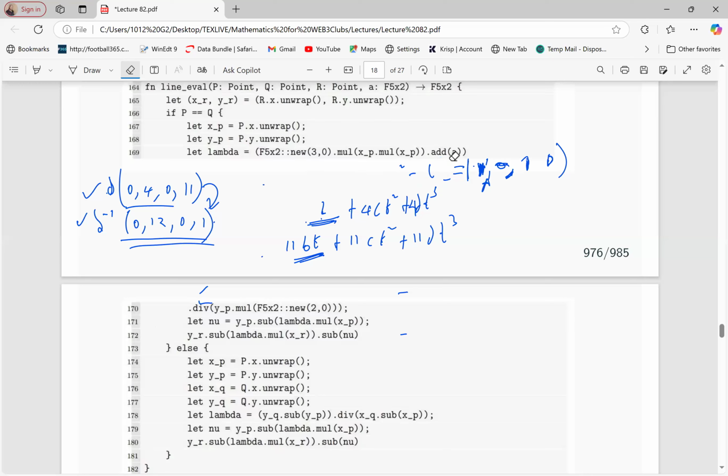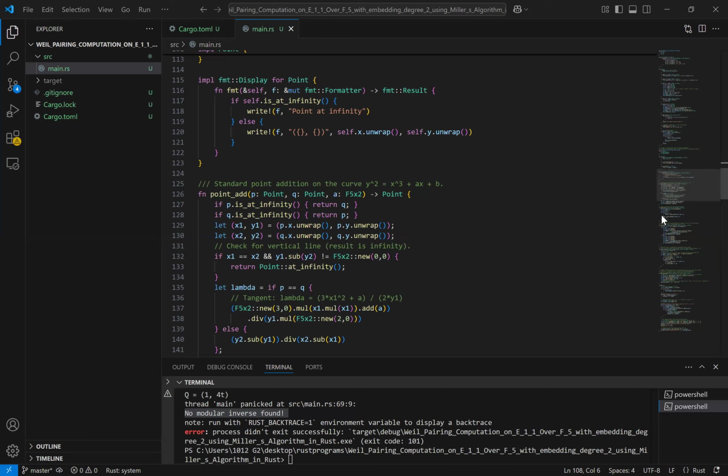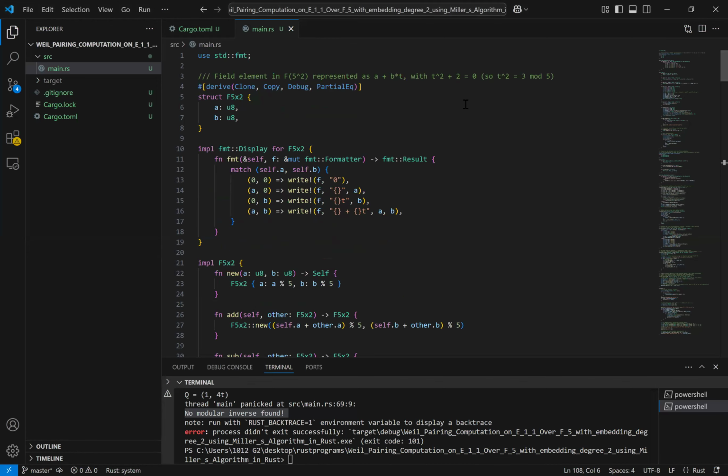First of all, it has to understand how the elements of this field would look like. You define how the elements of the field would look like. Let me go back to where we have defined that.